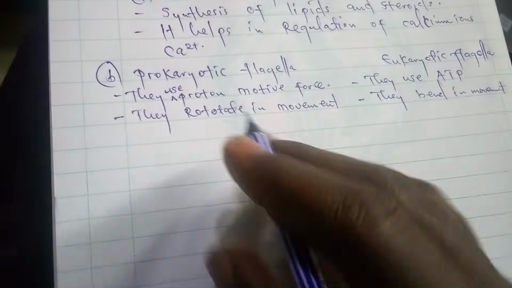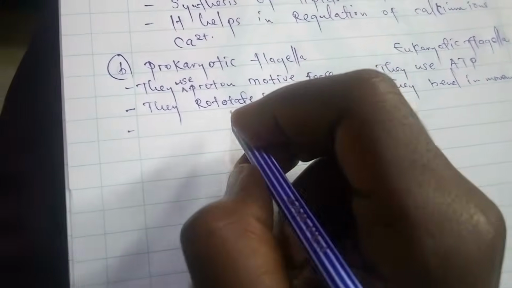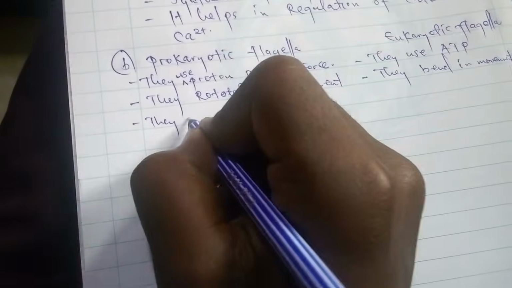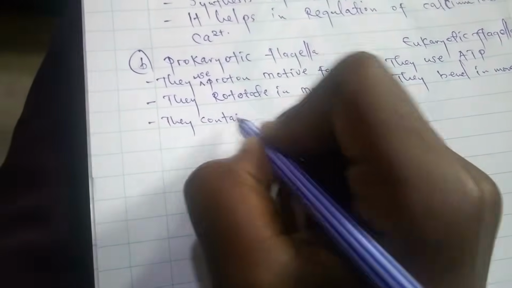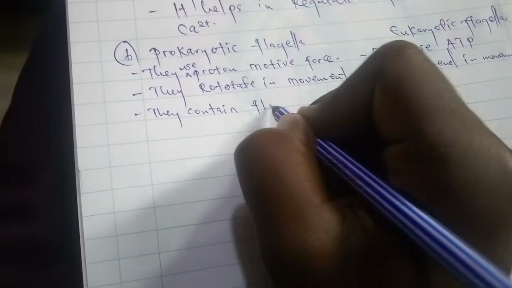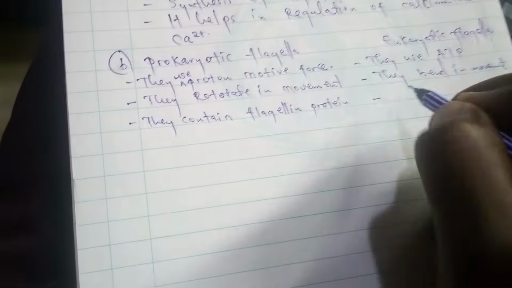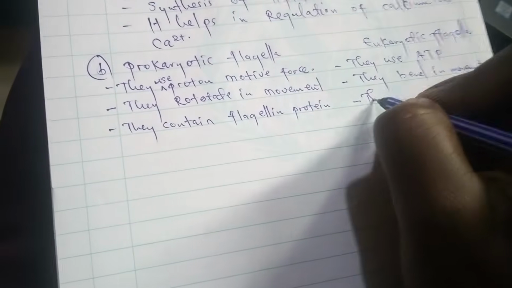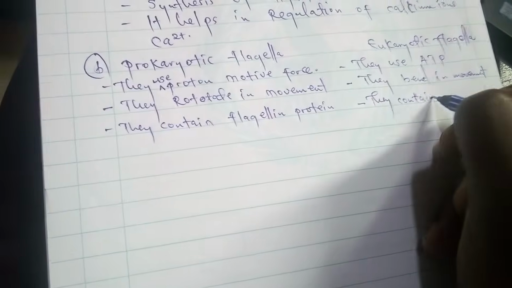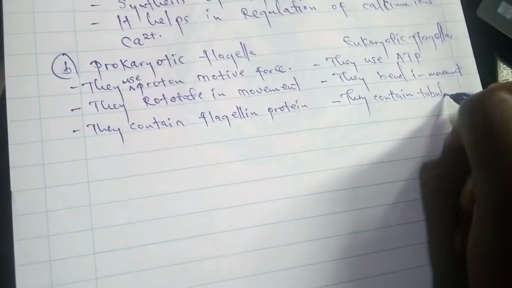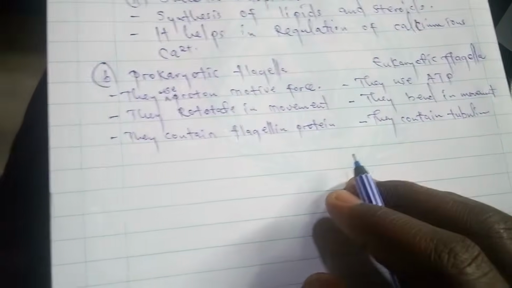Another one is that prokaryotic flagella contain flagellin protein, whereas eukaryotic flagella contain tubulin protein.